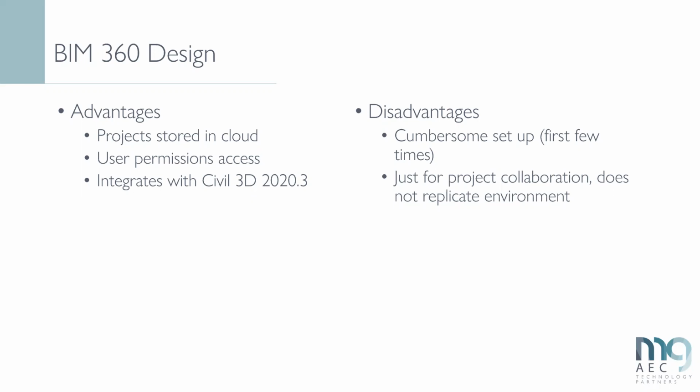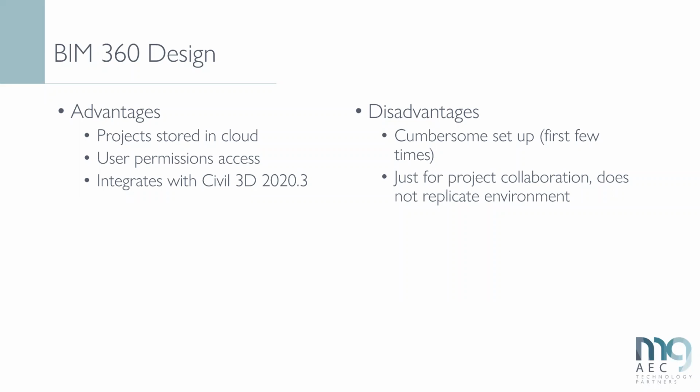Some of the disadvantages, especially if you're new to BIM 360, is it's a little bit cumbersome to set up the first few times. It is a change in workflow, so it's a little bit disruptive, and it does take some pre-planning, some forward thinking, or working with a consultant to get that environment set up. And another big thing is it's just for project collaboration. It does not replicate your server environment.